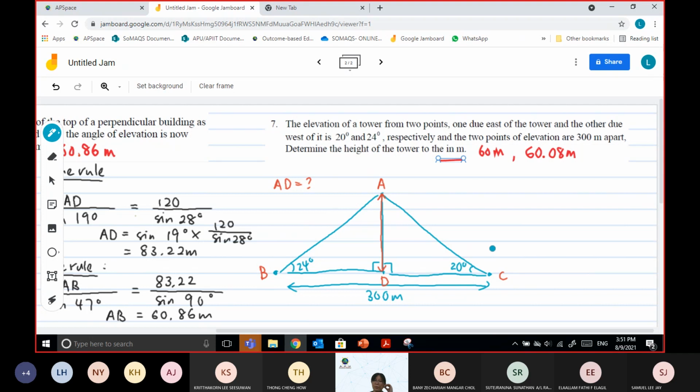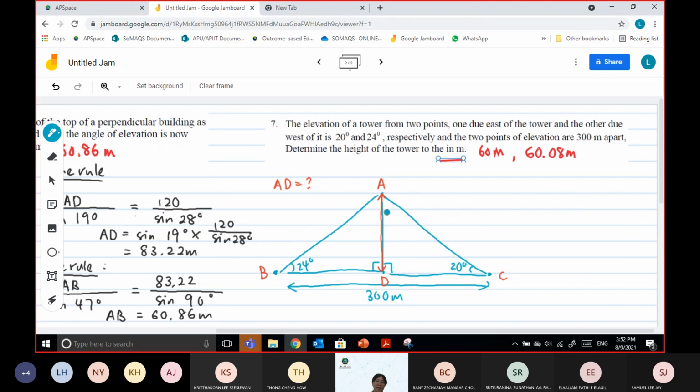So how are we going to find the height of the tower here? Even though we deal with a right angle triangle, for the information that we have, the 300 meters is the distance BC, which is not a side of the right angle triangle, so we can't use tangent, sine, cosine to solve it.